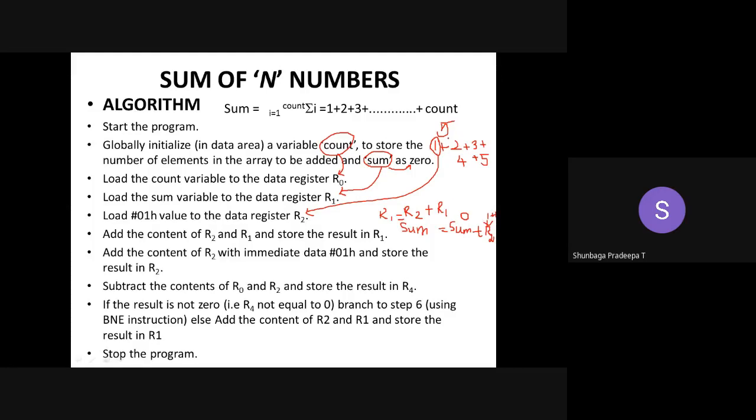So I am incrementing my R2 and storing it back in R2 itself.